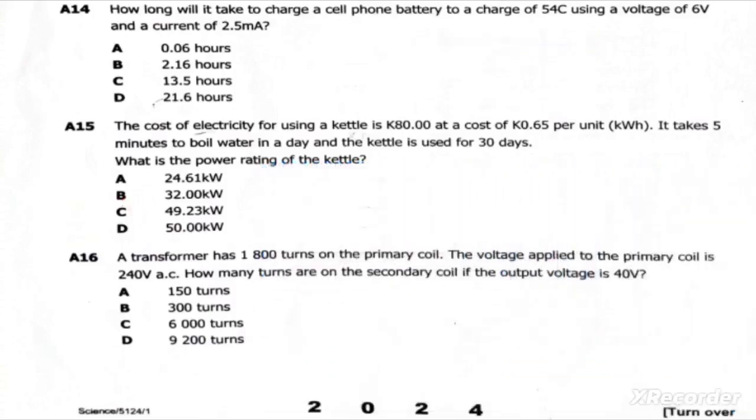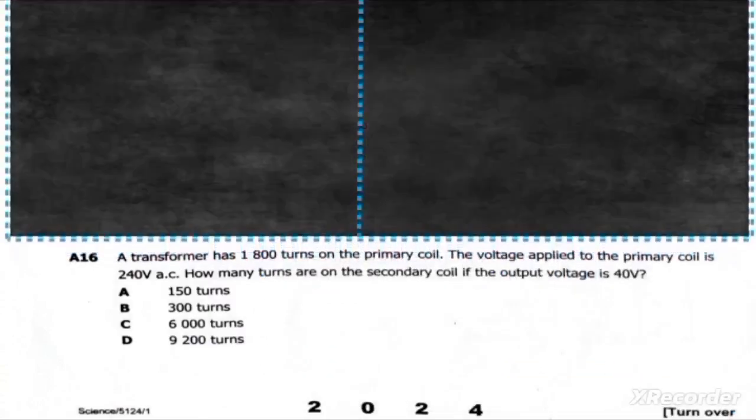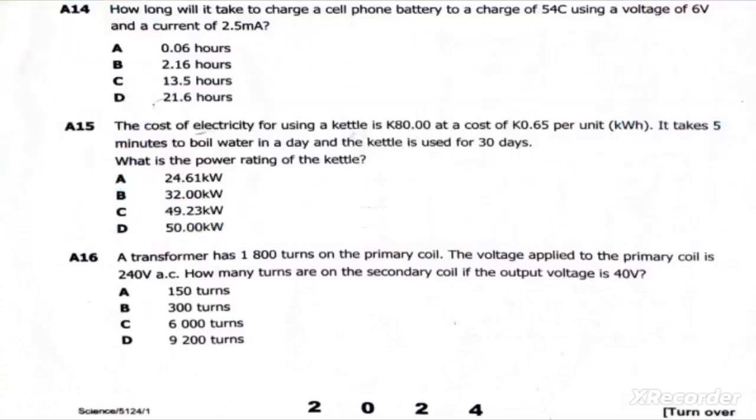We shift to the next question, which is question A16. A transformer has 1,800 turns on the primary coil. The voltage applied to the primary coil is 240 volts AC.